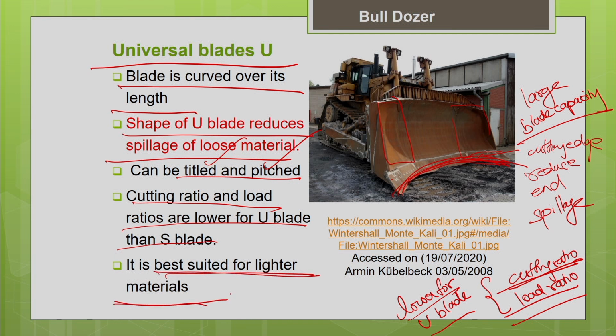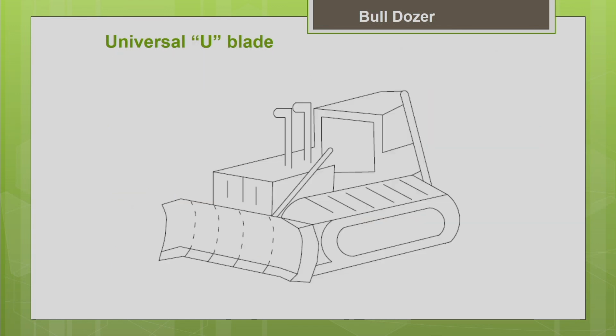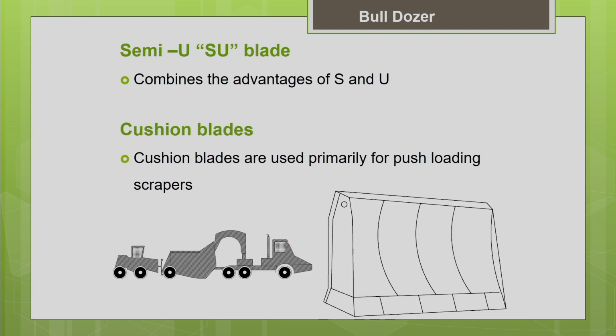This is again a schematic sketch showing the U blade connected to the bulldozer. You can see they are larger in dimension and have a U curvature, and you can see the wings attached on both the ends. Now let us see what this SU, semi-U blade is.